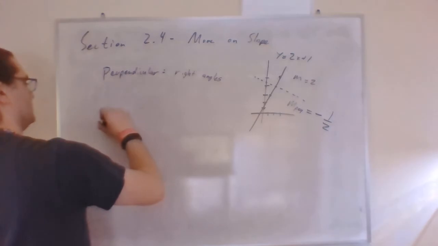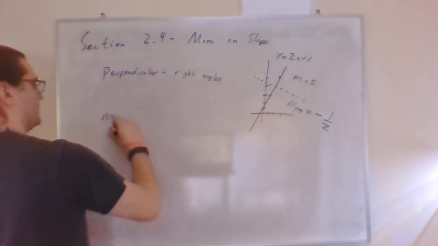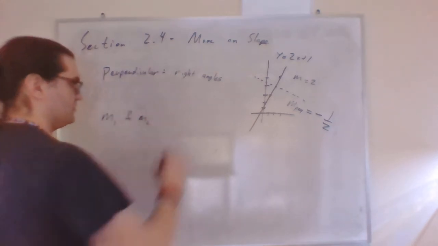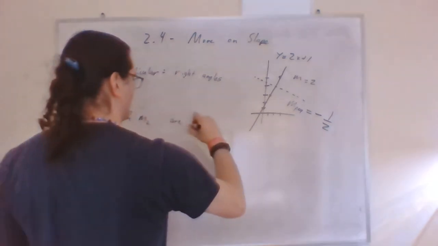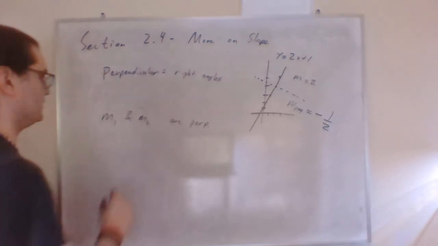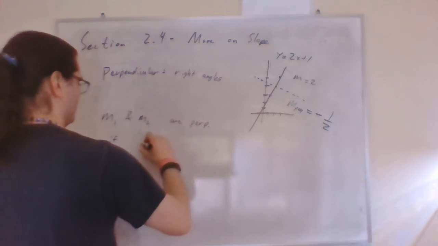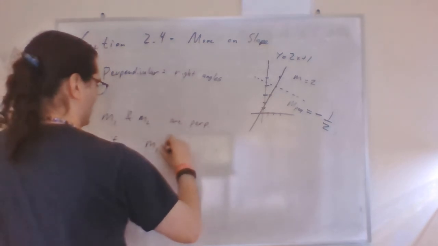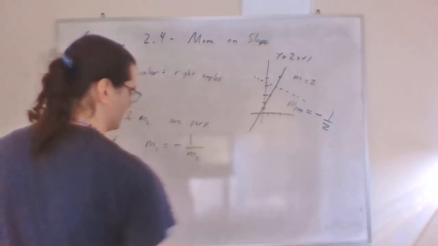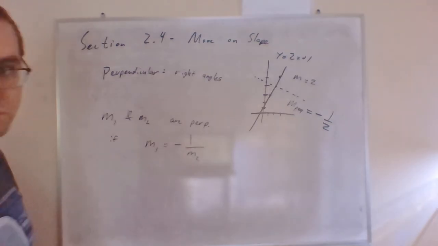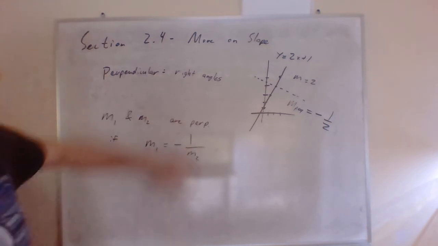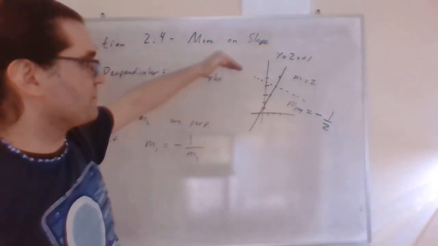And in general, M1 and M2 are perpendicular, I'm going to just write perp for perpendicular, if M1 is the negative reciprocal of M2. Which is what I was getting at with this sort of demonstration.